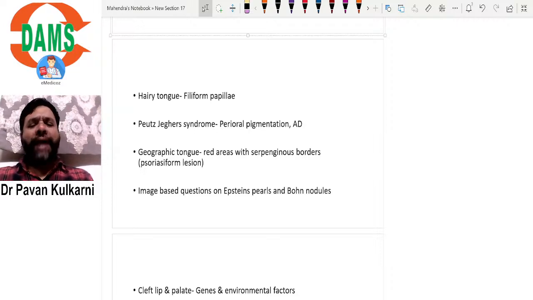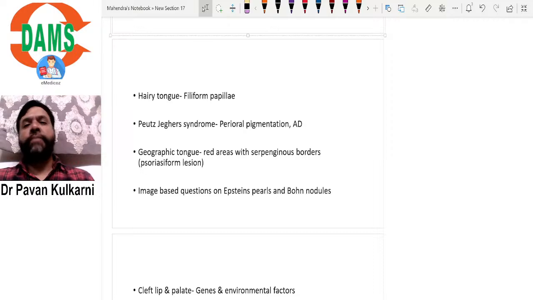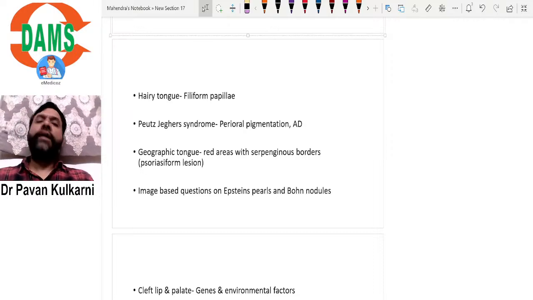So the red areas with serpiginous borders, classified as a psoriasiform lesion, are a characteristic feature of geographic tongue. Why exactly do we call it a psoriasiform lesion? Because it will have Munro's abscess, the intraepithelial microabscess which you see in psoriasis. The same Munro's abscess is seen even in geographic tongue. That is the reason you call geographic tongue a psoriasiform lesion.